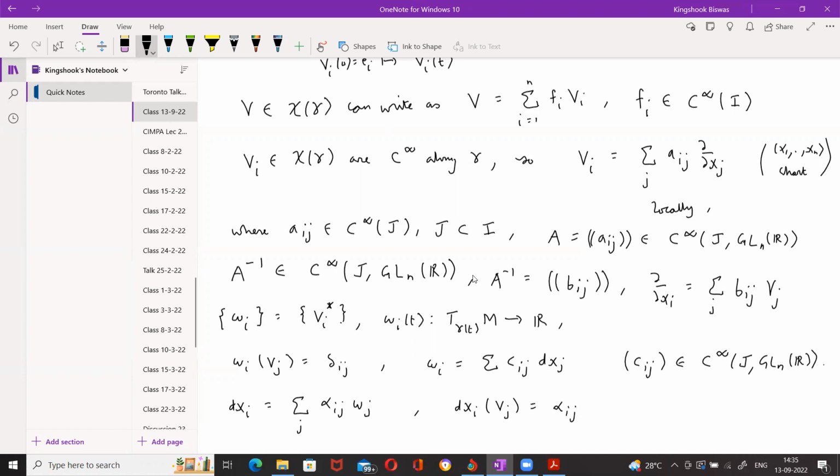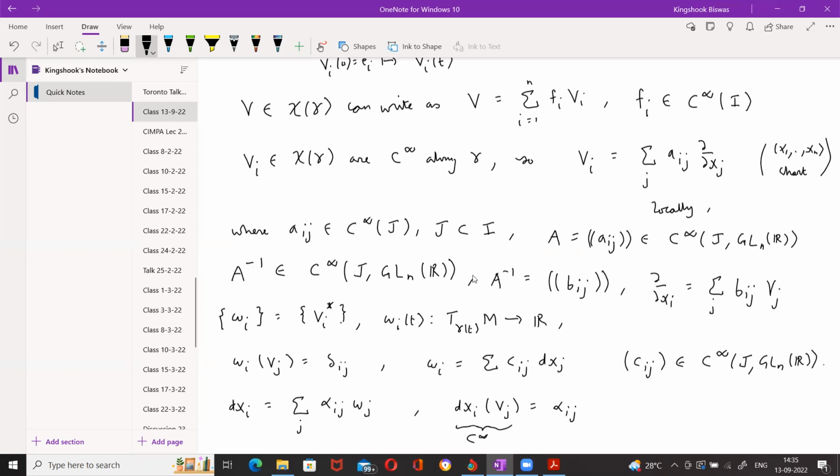And now the vj's are smooth because they're solutions to a smooth equation with smooth coefficients, and dxi's are smooth. So this left hand side is smooth. This is C infinity, right? Yes. So therefore the alpha ij's are smooth, and then the inverse matrix will be the Cij's. So the inverse matrix will be smooth also. Is that okay? Yes.